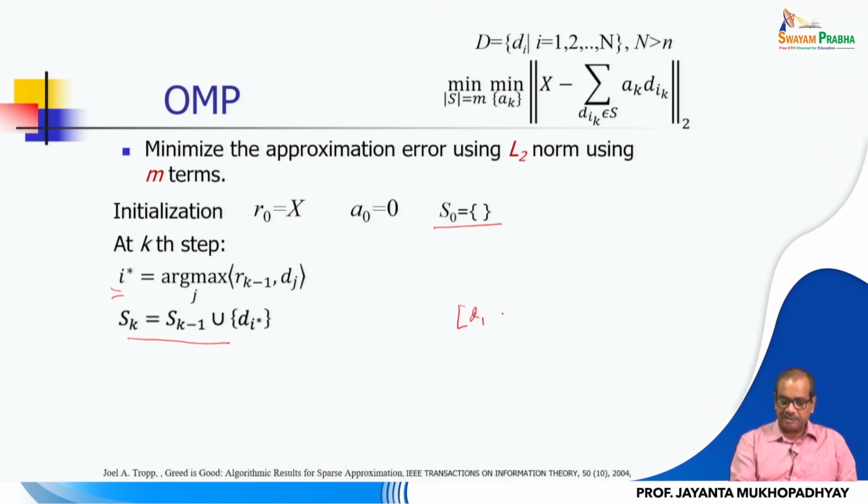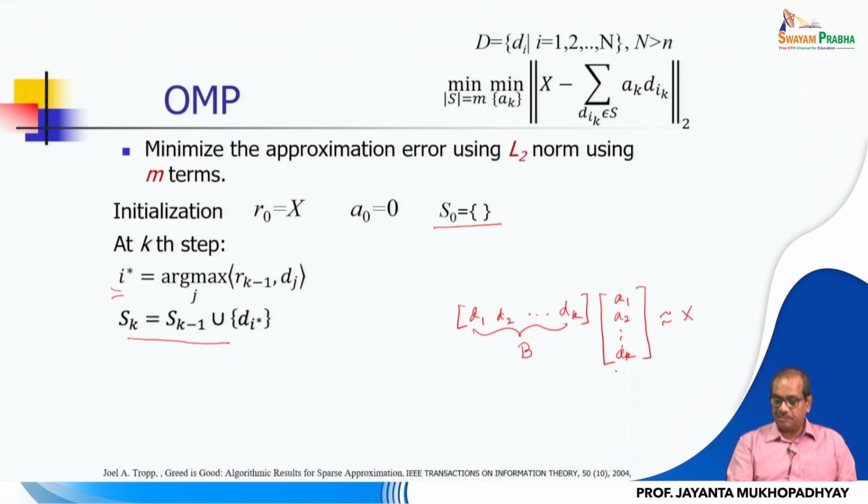Without loss of generality, once again I form this matrix. This is that B, and I would like to get the coefficients A1, A2 to AK, which will give me the best approximation of x.